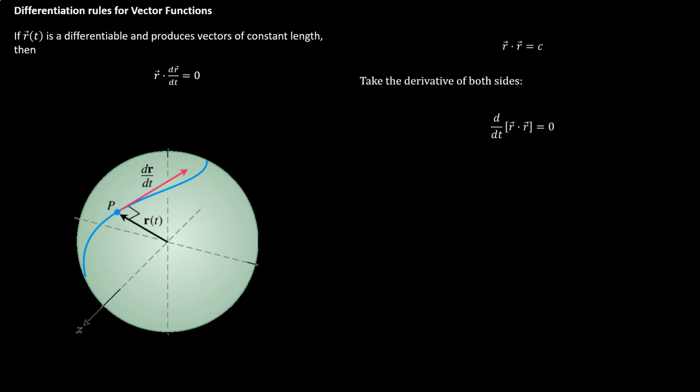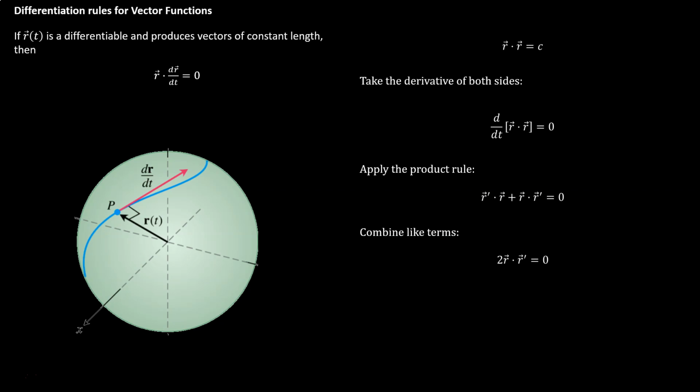To take the derivative on the left-hand side, we need to use the derivative rule for the dot product. Applying that dot product rule, we have r prime dotted with r plus r dotted with r prime. And we still have that that's equal to 0. Now we know that the dot product is commutative. So r prime dot r and r dot r prime calculate the same value, which means we can combine them and call it 2 times r dot r prime.